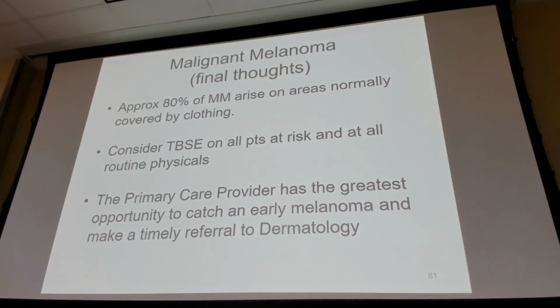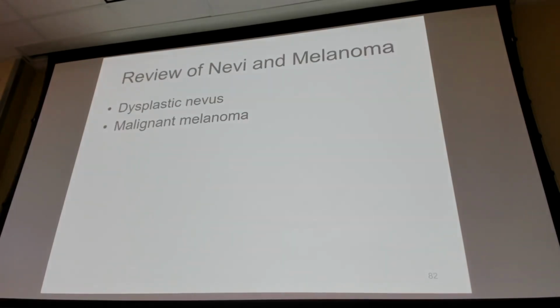You, the primary care provider, have the greatest opportunity to catch an early melanoma and make a timely referral to dermatology, so make me proud. Okay, so that talked about dysplastic, broke down into superficial, nodular, lentigo, and acral breakdown.